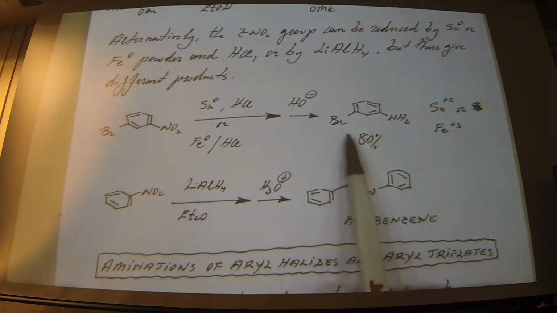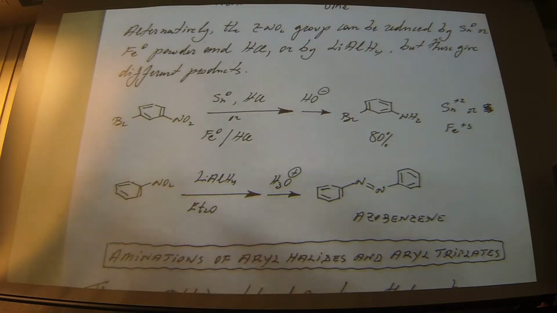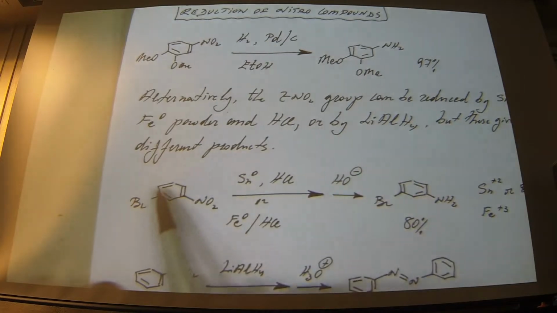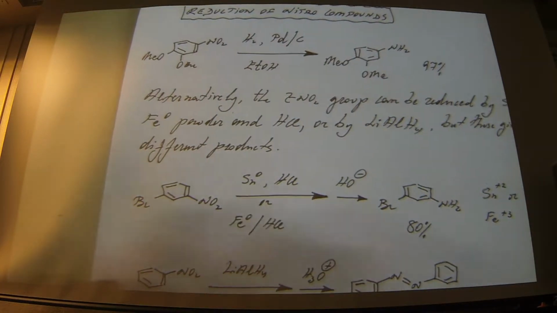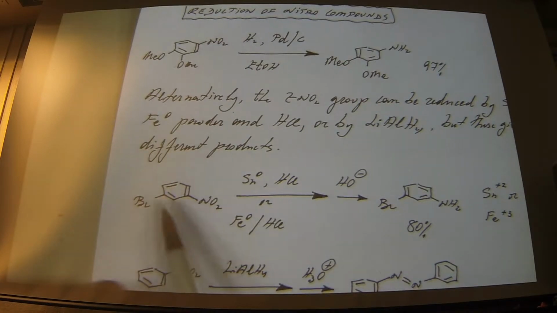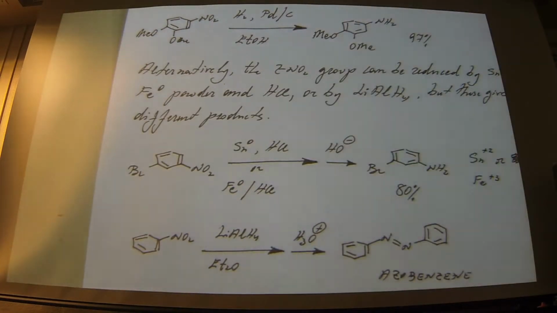But it is a good way to reduce a nitro group to the amine. Notice that the carbon-bromine bond does not undergo reduction. Now that's important because these conditions, just so you know, will very often cleave that carbon-halogen bond to give HBr and the proton there. So that's one of the reasons it's nice to have complementary ways to do the same thing.